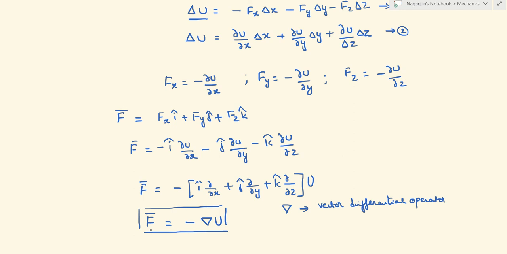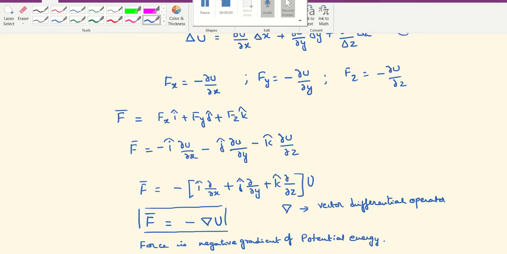F bar is a vector quantity. Potential energy U is a scalar function. So, this is the relation between the force and the potential energy. And this is read as force is negative gradient of potential energy. Thank you.